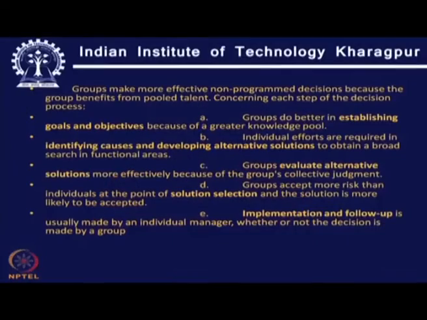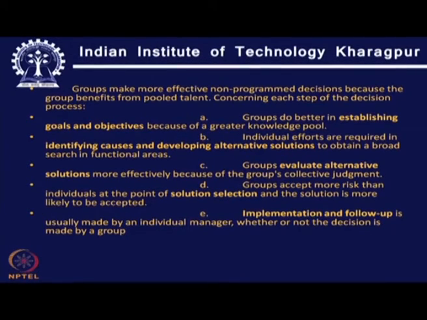So, Delphi technique, these are some of the techniques of decision making in groups. Before that, we will just have a look into the decision process in a group.